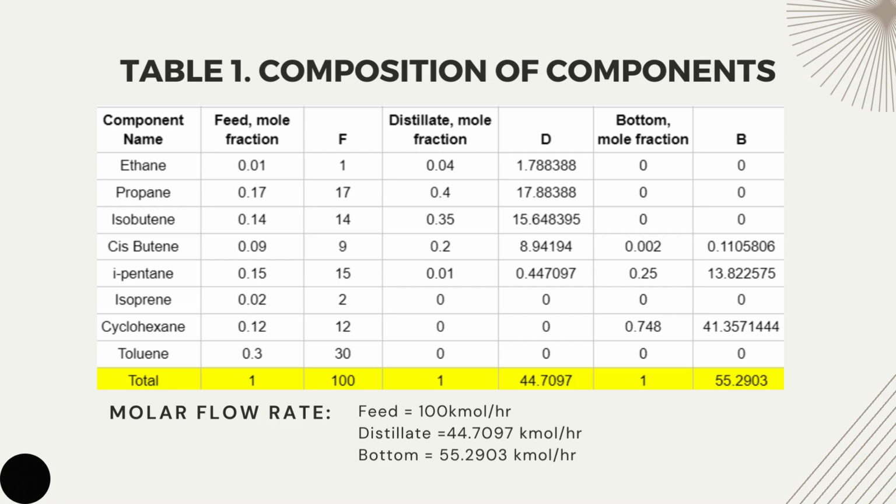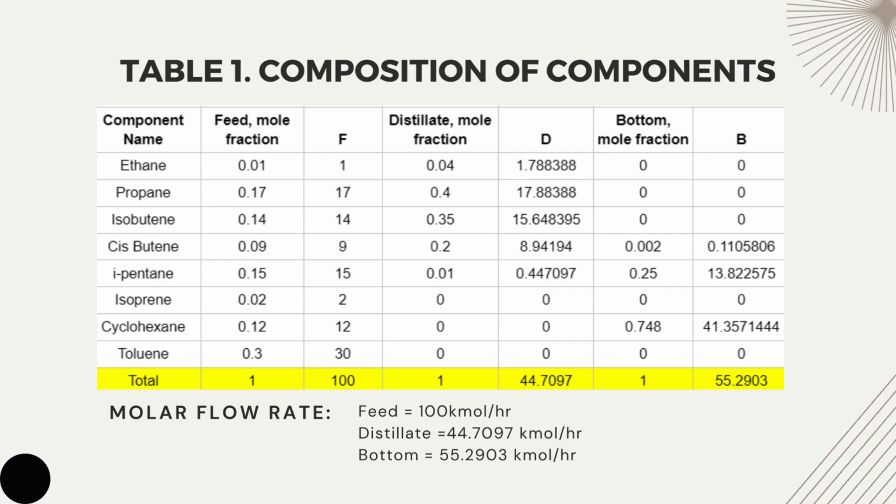For this one, the givens are the feed molar fraction and the distillate molar fraction. In order to obtain each flow rate, F, D, and B, the group used a basis of a feed flow rate of 100 kilomoles per hour. Then taking the light key component, cis-butene, we assumed a bottom mole fraction of 0.002.